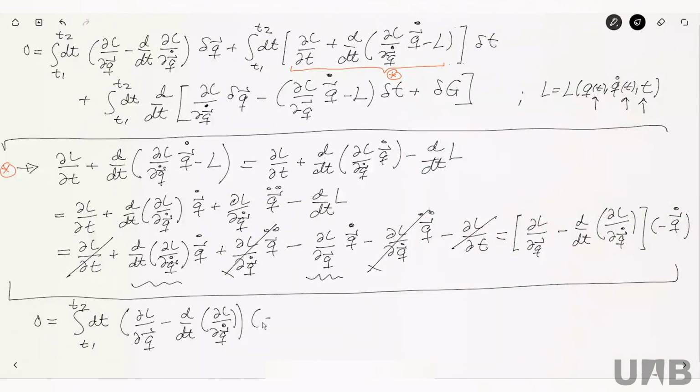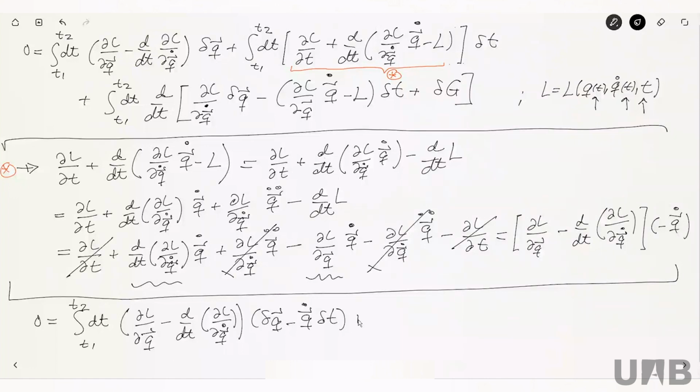I already had a delta q, and now I'm adding a minus q dot times delta t. So that is the first two terms. The first two terms happen to be proportional to the equations of motion, okay?